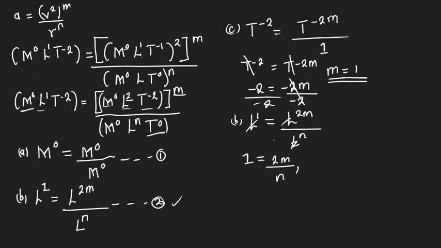I'm replacing 1 here and then N, so we cross multiply, N is going to equal 2.